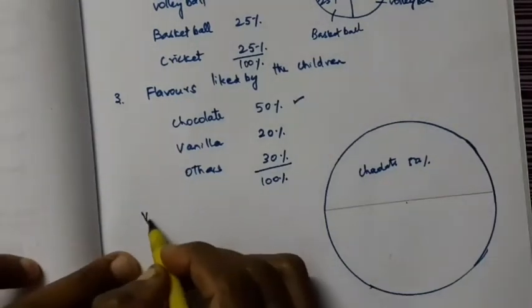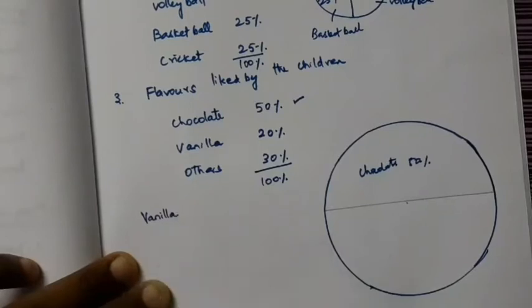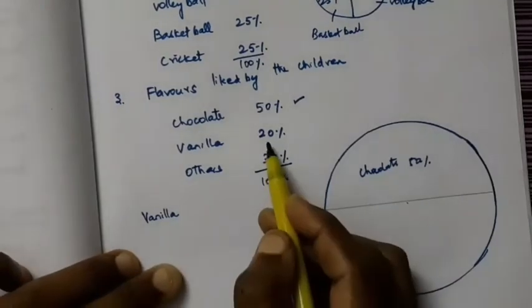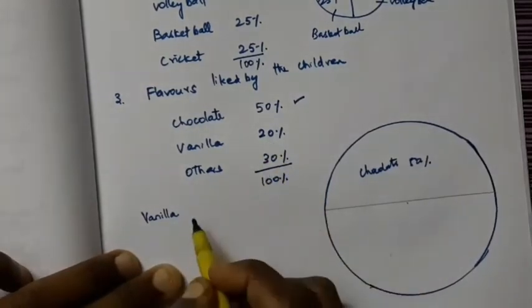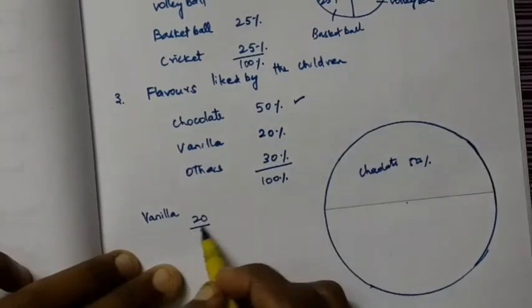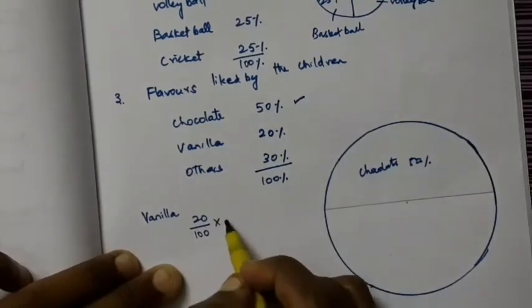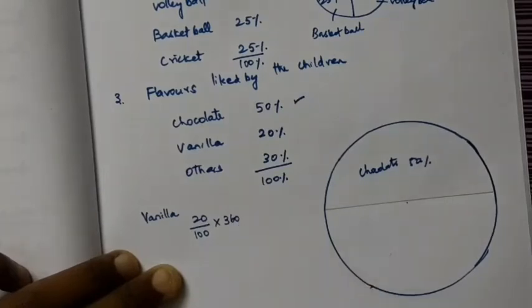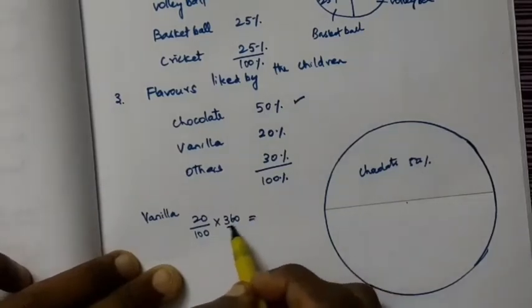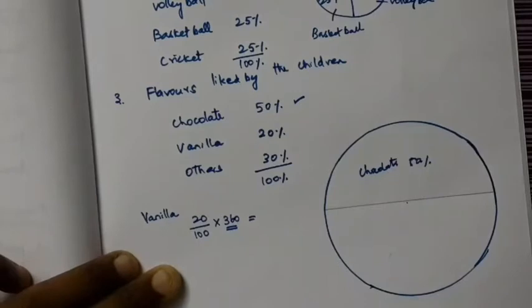For vanilla, it is 20%. So this is 20 divided by 100 multiplied by 360. Okay, 360 is the total angle of a circle.